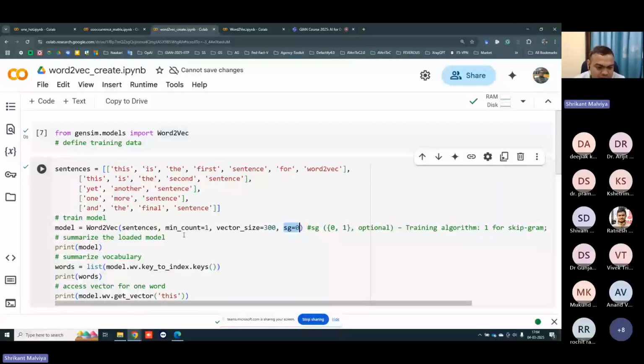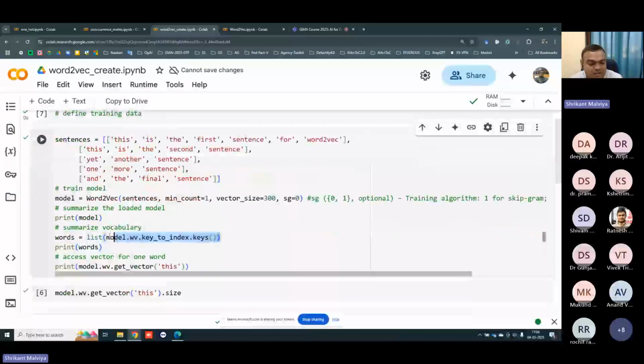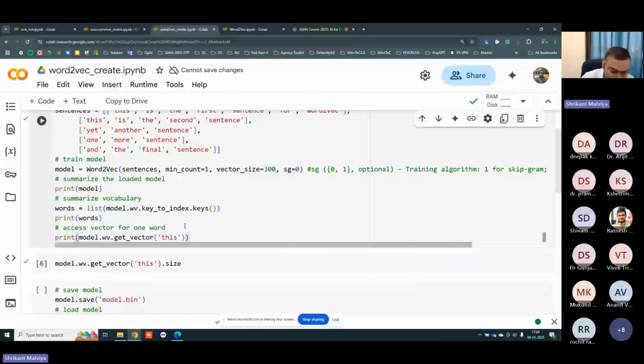When you execute it, it will take the entire corpus based on the passed parameters, train, and return the model. We can use that model to do various tasks, like finding the total terms in the vocab and getting the vector for a particular word. Let's execute and find out what happens.